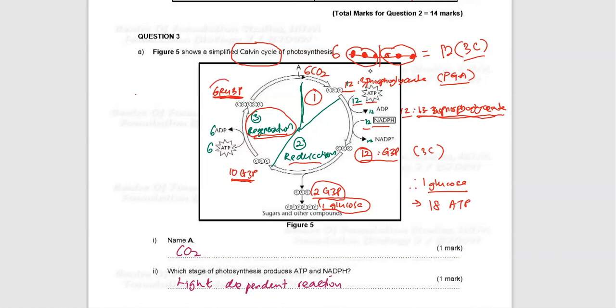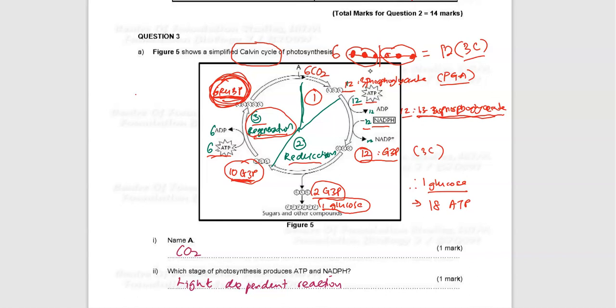To produce 6 molecules of RuBP, 6 molecules of ATP will be used during the third stage, to rearrange 10 molecules of G3P to form 6 molecules of RuBP, regenerating the carbon dioxide acceptor to repeat the cycle again.